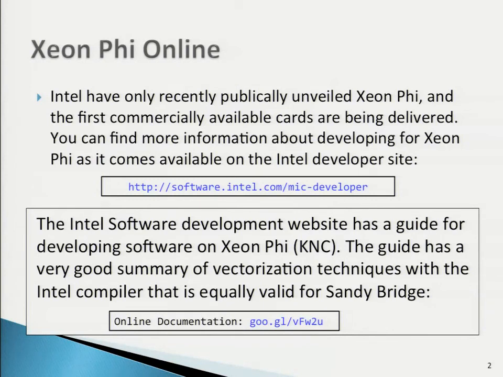Intel hasn't been letting too much information out into the public domain. But they've got a website with information for people interested in developing codes for Intel MIC. At the moment it's mostly full of marketing talk, but there is some interesting information buried in there.